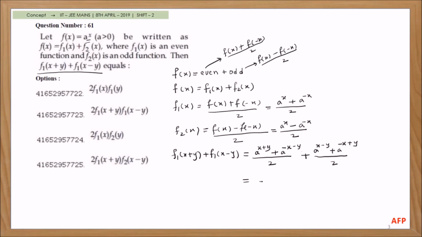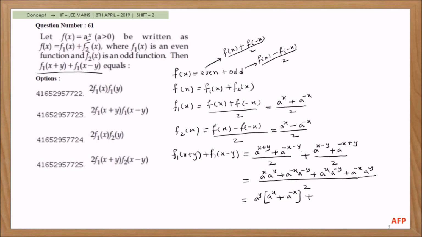As you know, the LCM is 2: a^x a^y + a^(−x) a^(−y) + a^x a^(−y) + a^(−x) a^y. Now I will take a^y common: a^y (a^x + a^(−x)).